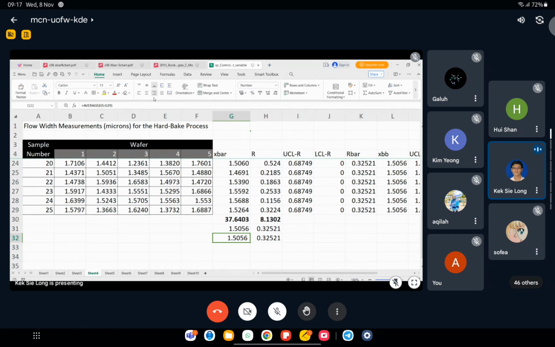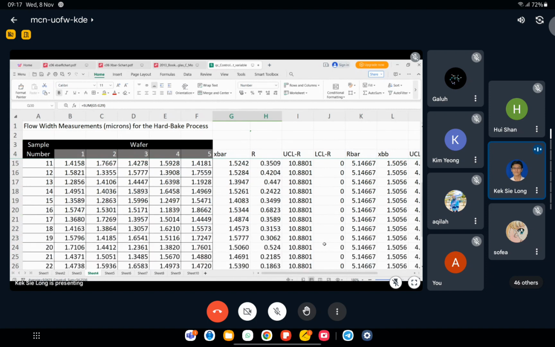Okay, 2 decimal places is too less. So make sure you give your value in at least 3 decimal places. So after you have done this one, for the R column, you just simply drag, then settle.